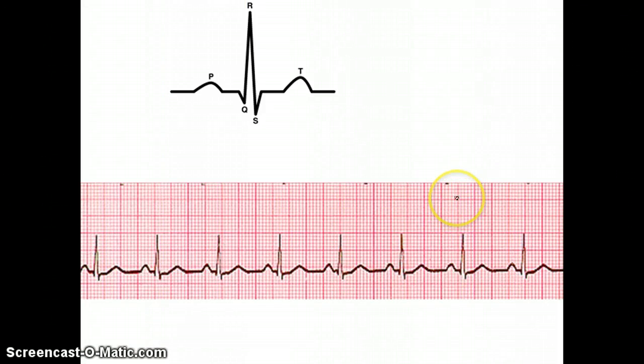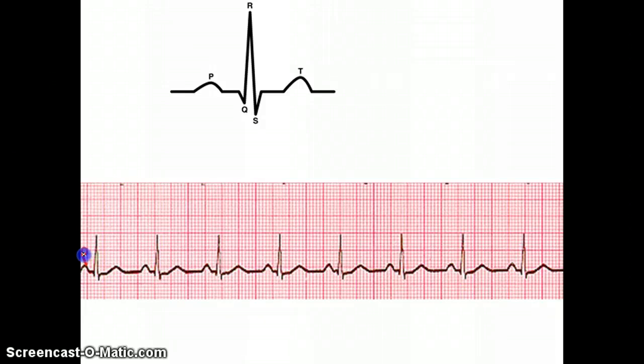So here again we have just a typical EKG strip, and what you need to do is print this out several times and simply label the major structures of an EKG strip. So here we'll go through this.